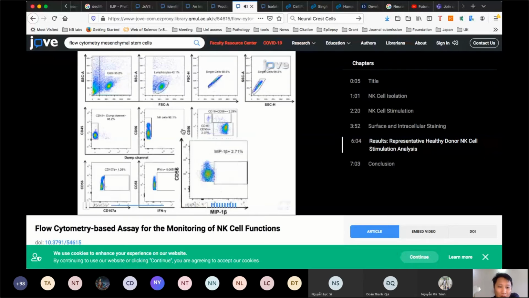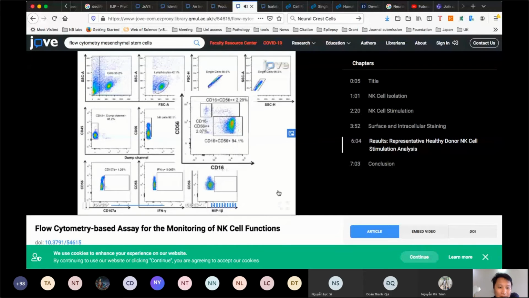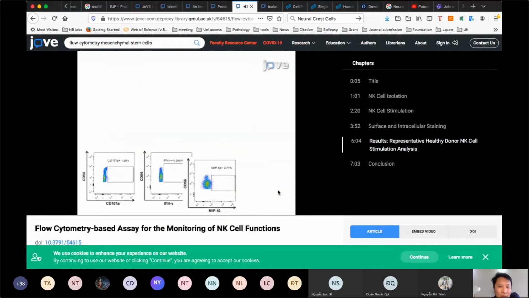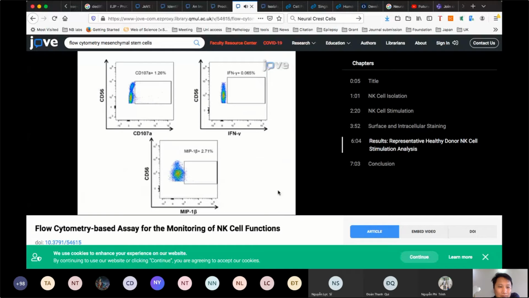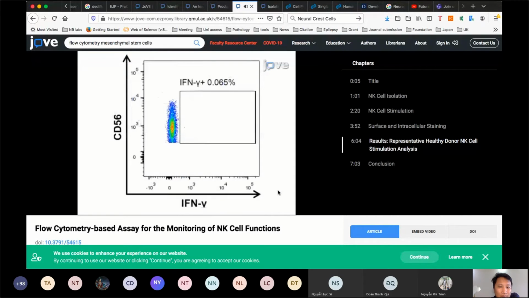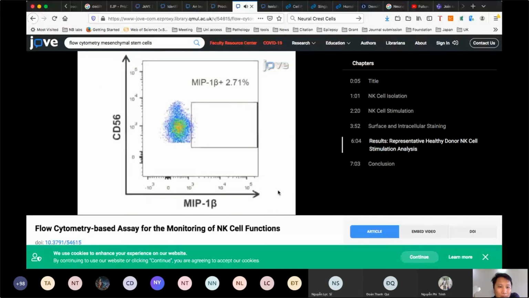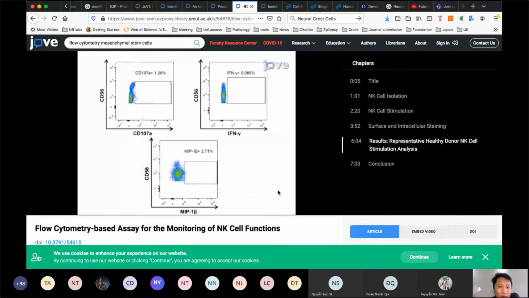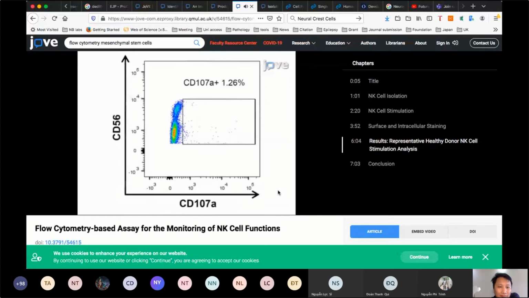Cytokine and chemokine production of the whole NK cell population, as well as 3 different NK cell subsets, are illustrated. Unstimulated NK cells from healthy donors produce neither interferon gamma nor MIP-1 beta and do not express CD107A on their surface.